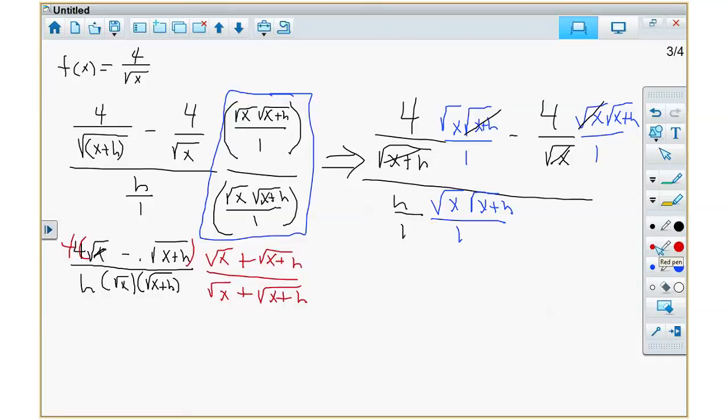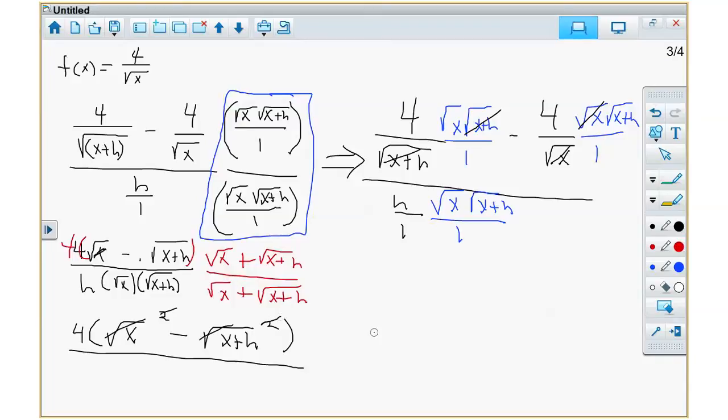So in the whole outcome, you're going to get 4, and then I'm going to put a baby step in here. Square root of, if you use shortcut number 3 here, this is a minus b, a plus b, which is the square root of x, quantity squared, minus the square root of x plus h, quantity squared. And what happens to the square and the radical? That cancels with that, and that cancels with that.